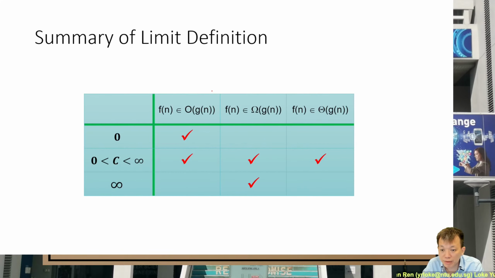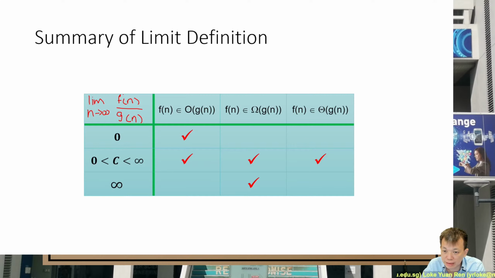Okay, so to summarize: if you have f(n) and g(n), you are trying to take the limit of f(n) over g(n) as n goes to infinity.